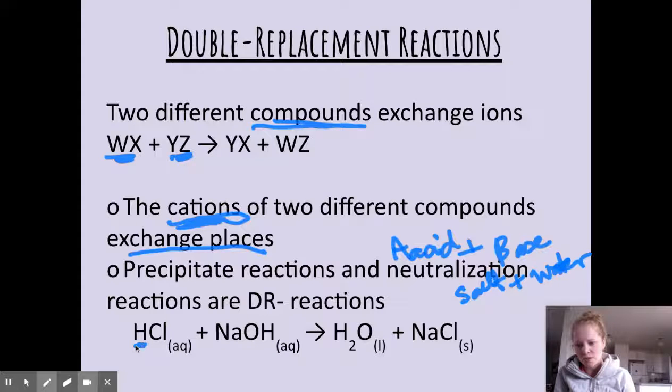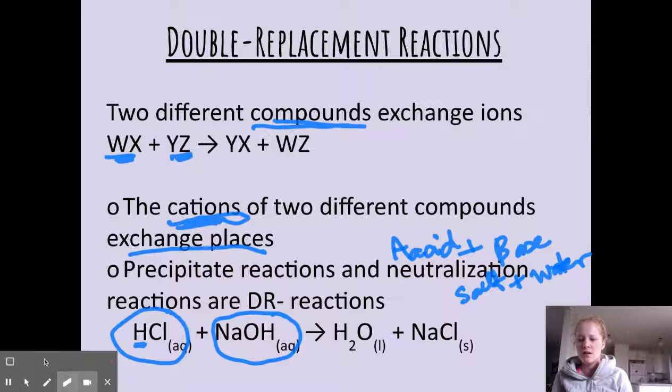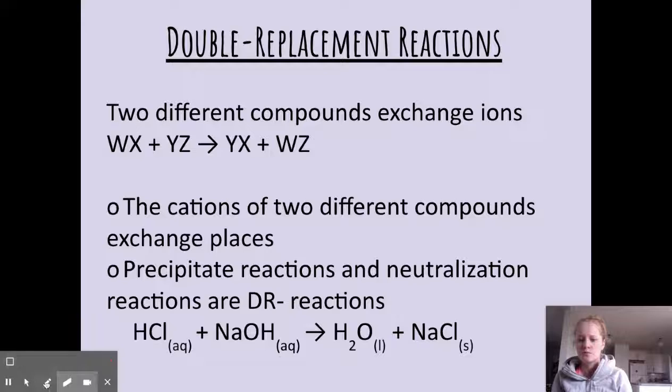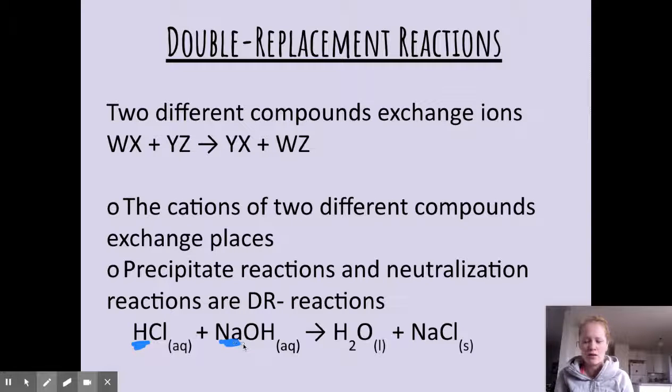How is it a double replacement? First off, we can identify that HCl is a compound and sodium hydroxide is a compound. Saying that, I'm going to identify the cation in my first compound and the cation in my second compound.